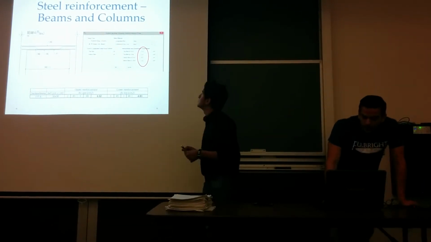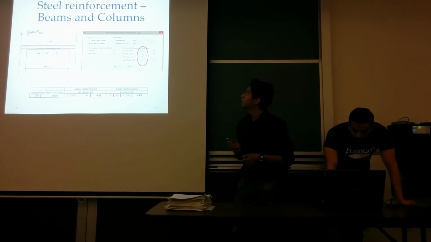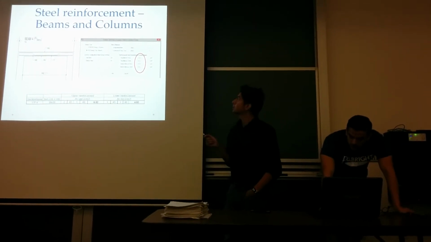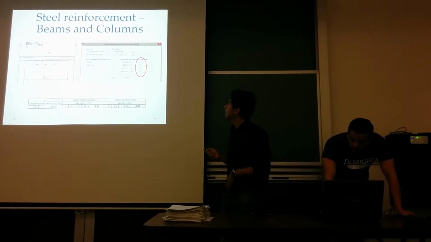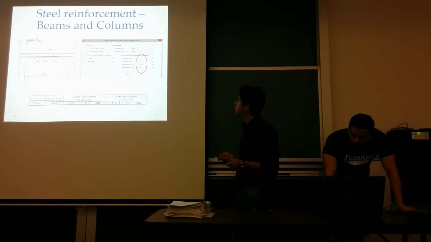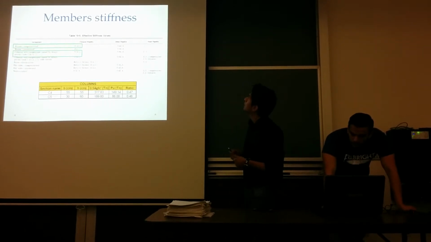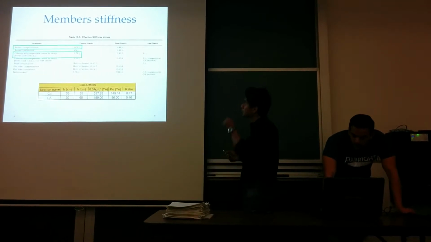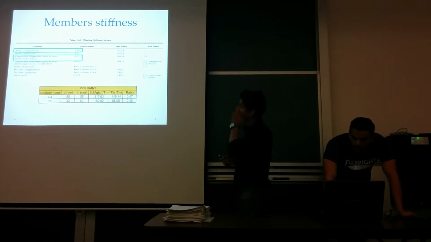So that the program can know about the steel reinforcement in each section, we added to the program the exact quantity of reinforcement, upper and lower reinforcement. And about the member stiffness, we followed what was stated in the ASCE 41 as well.